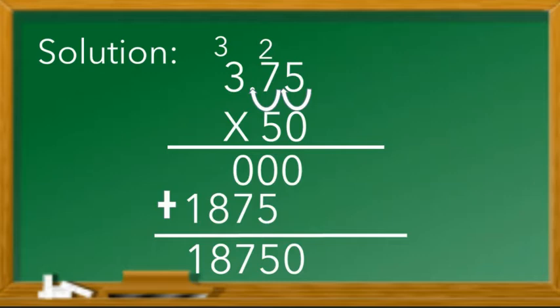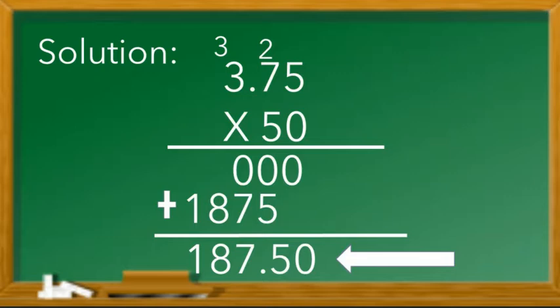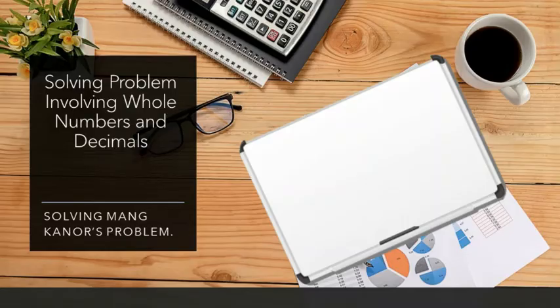So, the digits are 5 and 7. So, I am going to count. So, 1, 2, from right to left, we have the first decimal place. So, 1, 2. So, the answer is 187 pesos and 50 centavos. So, this is what Mang Kanor earned for a day.